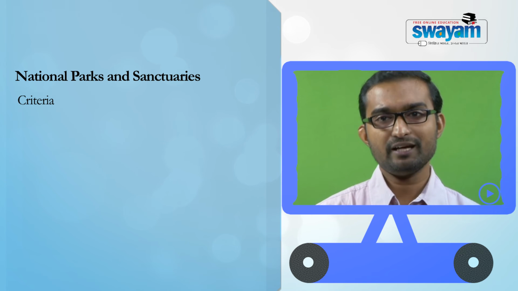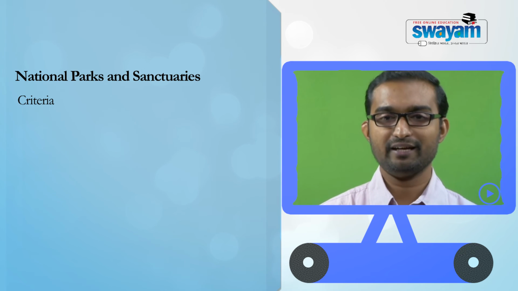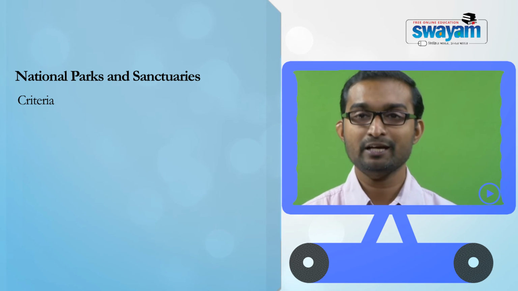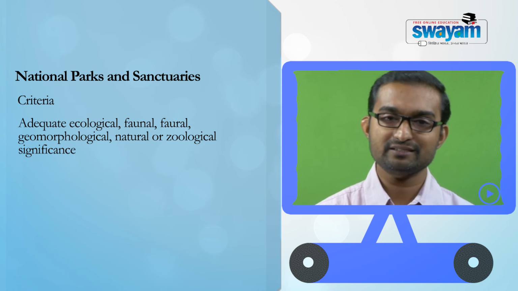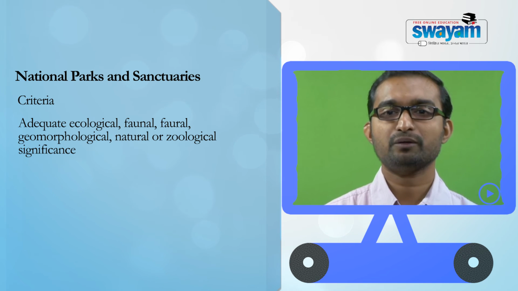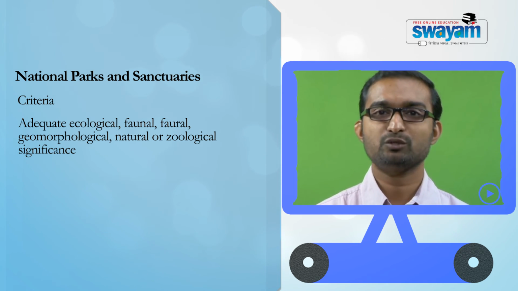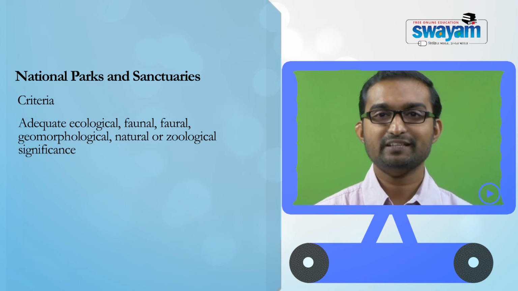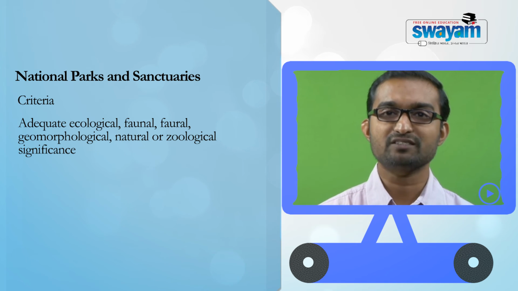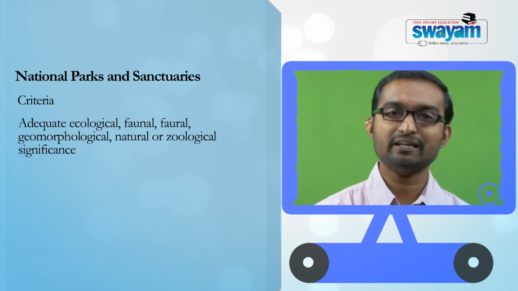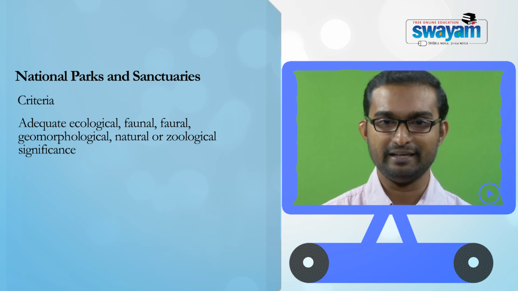The major criterion for declaring any particular area as a national park or sanctuary is whether that area is crucial for the sustenance of wildlife. So the idea is to find a natural habitat that is crucial for protection and conservation of wildlife, and then declare that area as a protected area.